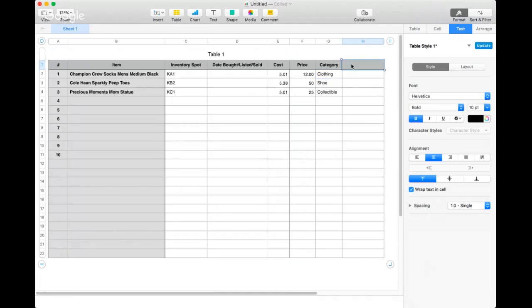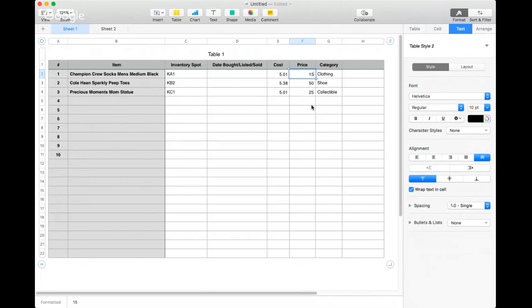Fees, I'm not going to necessarily put fees out here, and I'll tell you why. I think a good rule of thumb is whatever you paid for something, and let's assume that these socks were $5, I should probably be selling them times 3, because a good rule of thumb, and don't take this to the bank, it's not the gospel, but a good rule of thumb is the thirds, right?